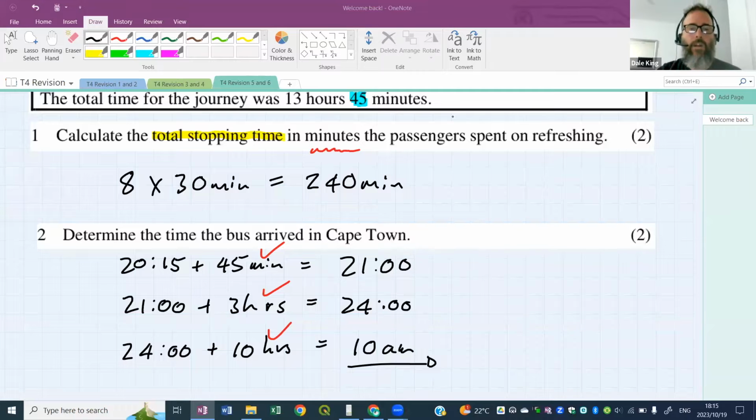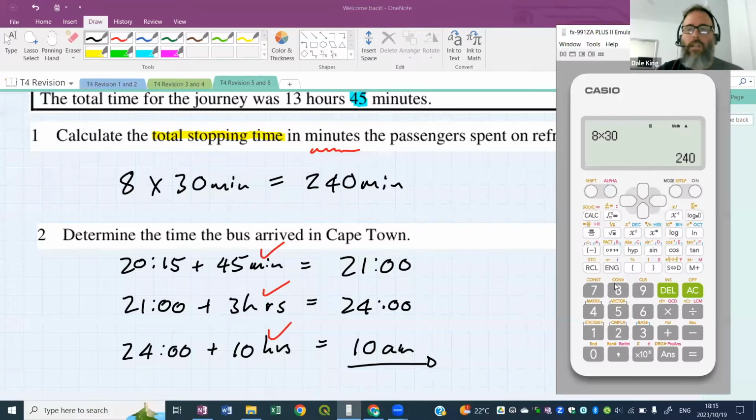Hope you guys can see that. All right, let's try the calculator method. In the calculator method, we're going to use the hours, minutes, seconds button. Let's put in 20 hours, 15 minutes, and then we're going to add on 13 hours and 45 minutes. Let's see what we get there. 34. So it doesn't work with a 24-hour clock.